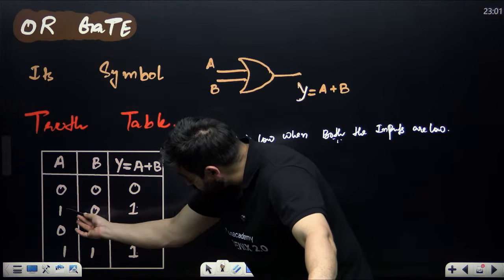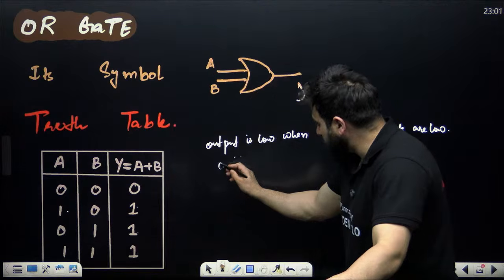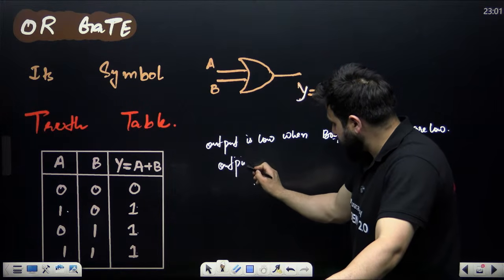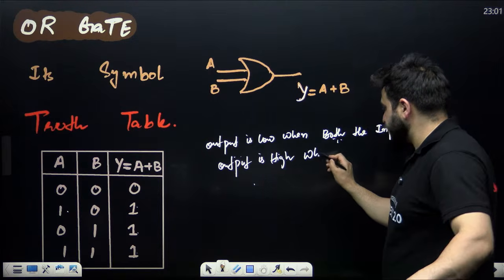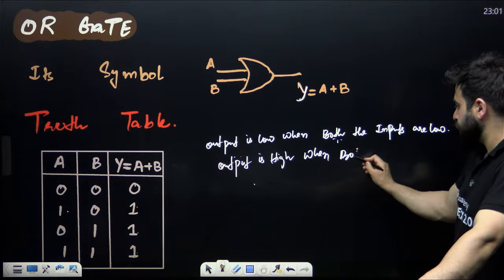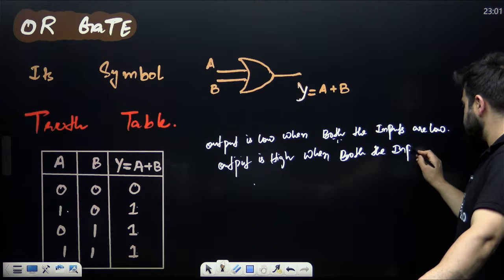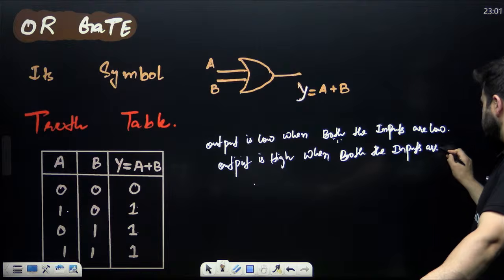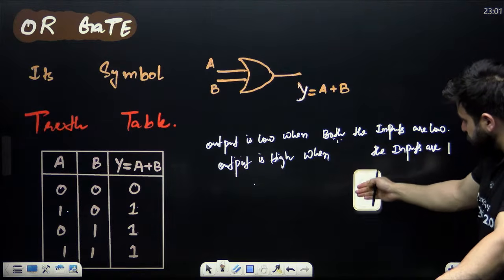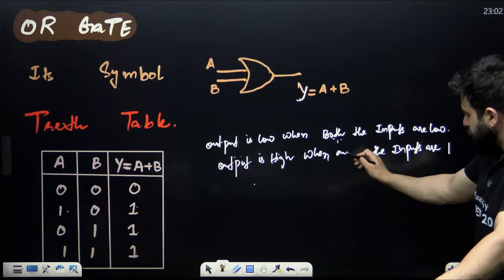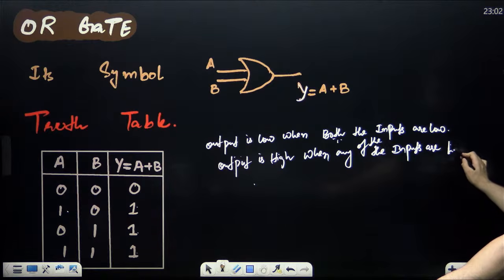When any of the two inputs is high, here it is high, here this is high, here both are high, output is high. Output is high when any of, not both, when any of the two inputs are high.